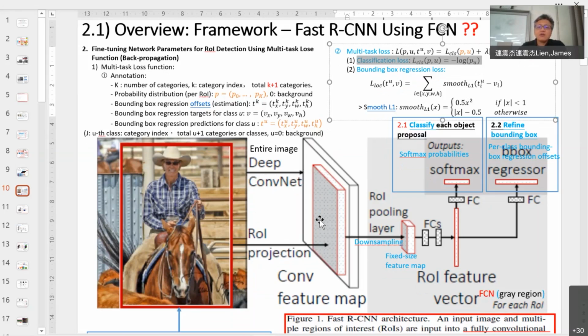After the many maps, based on this bounding box, you crop this region. Based on this region, you do downsampling and normalize to the same size. No matter the size of the bounding box, after normalization the size will be fixed. As I said, you can use SPP to fix the size here. This is called ROI pooling.